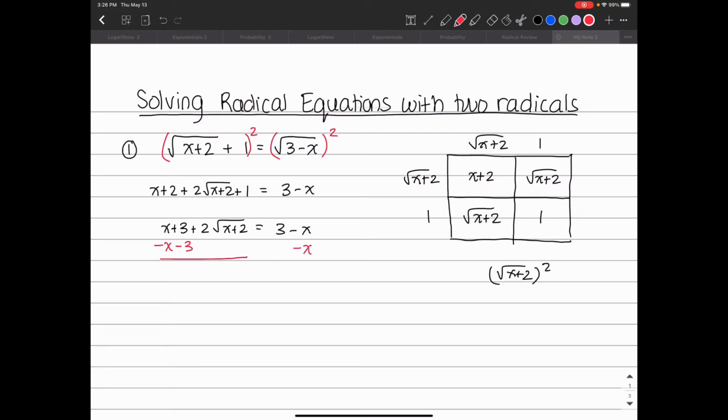I end up with 2 times the square root of x plus 2 is equal to negative x minus x, which is negative 2x. I'm going to divide both sides by 2, and I'm going to get that negative x is equal to the square root of x plus 2.